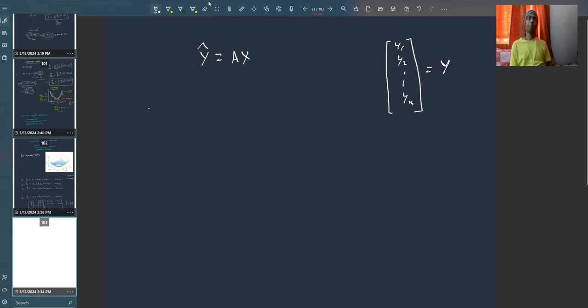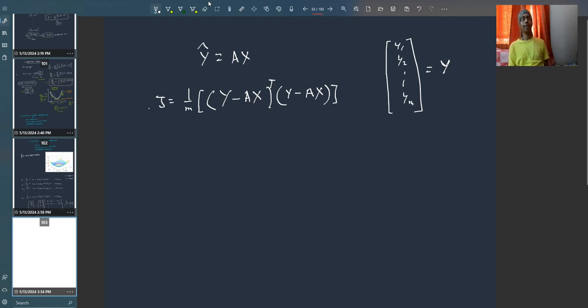And we get that by multiplying the transpose of y minus ax with itself. So y minus ax transposed multiplied by y minus ax. This is what gives us the sum of squared errors. Now to get the cost function, all we need to do is multiply this expression by 1 by m. This is our cost function, friends.